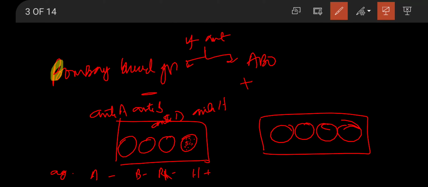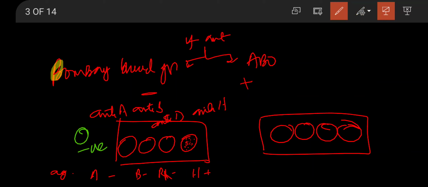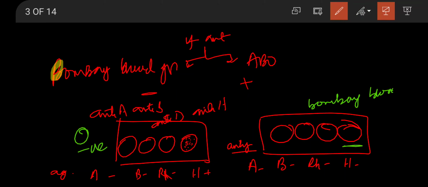O negative. Now in this picture, A is absent, B is absent, Rh is absent and H is also absent. No antigens are present. So this blood group is Bombay blood group. What you can differentiate is just by looking at this point. That's important.